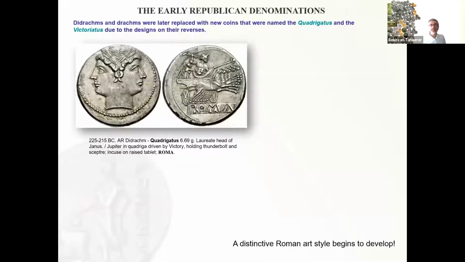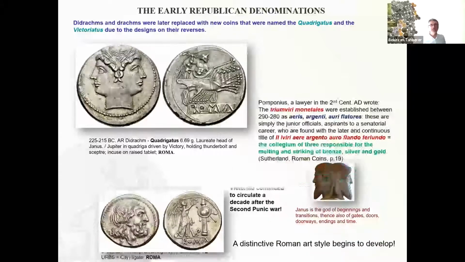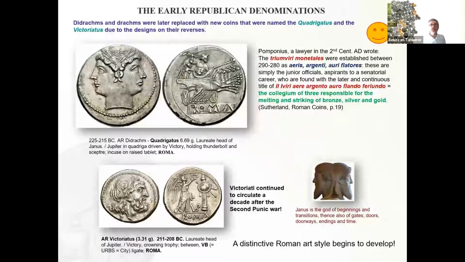And at the same time, they came up with some more silver and started to strike these two denominations. They are famously known as quadrigatus because of the design, the type of the reverse, and victoriatus because of the design of the smaller denomination.